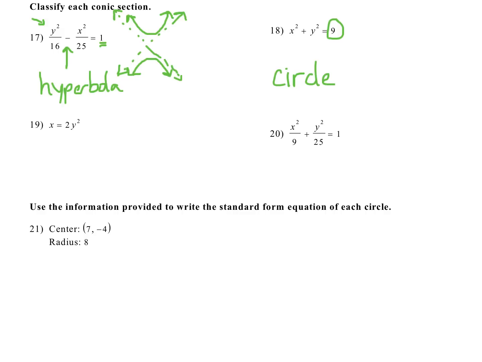Okay, with the very basic circle, center at the origin, x squared plus y squared equals r squared. So we can even tell that this is a circle with a radius of 3 and its center is at 0, 0. It has not been shifted at all.